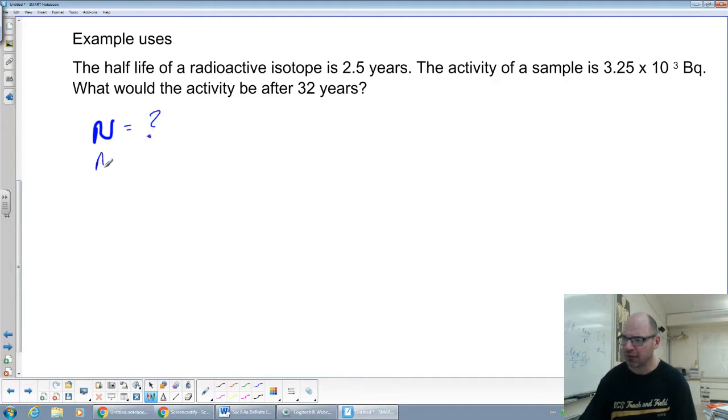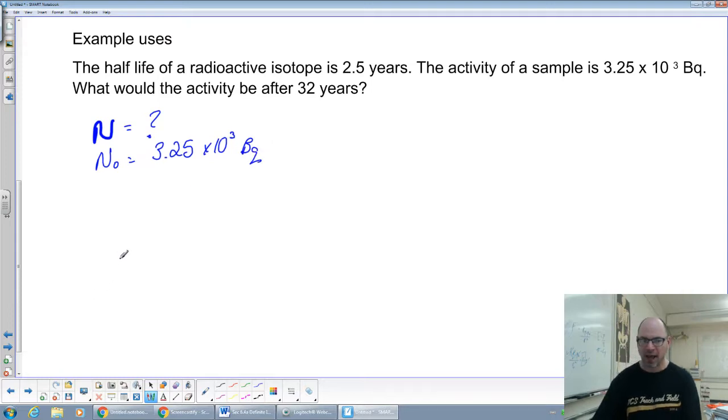The original activity is equal to, well, we can write that as a number: 3,250, or 3.25 times 10 to the third becquerels.